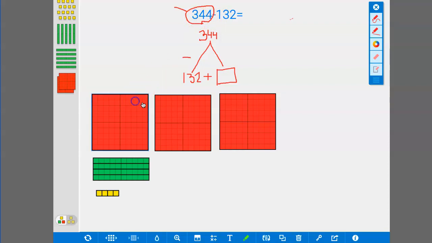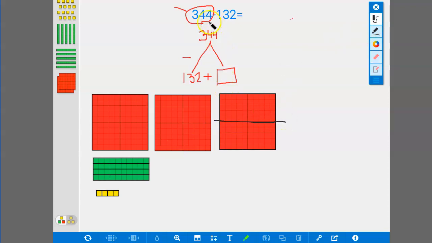So here's 300, 100, 200, 300, and I'm taking 100 away. I'm going to draw a line through it to symbolize that I took it away. So I'm going to change that color, change it to black, and put a minus sign through it so you know that I took that one away.